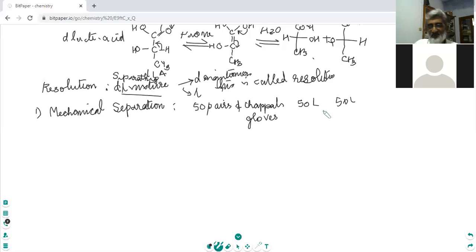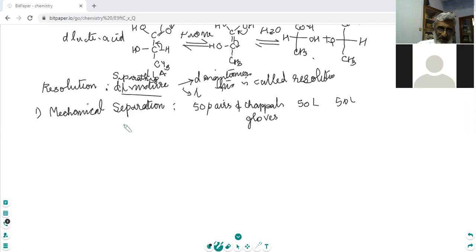You can separate the right-handed and the left-handed. This is by observing the material and identifying the mirror image nature. Your left chappal will be a mirror image of the right one, so you can easily separate them.